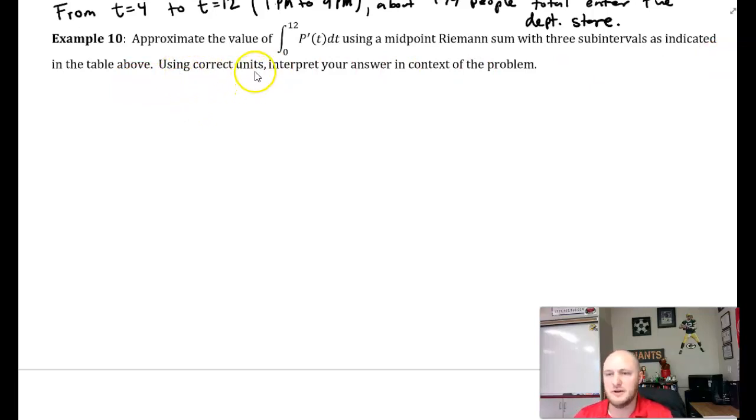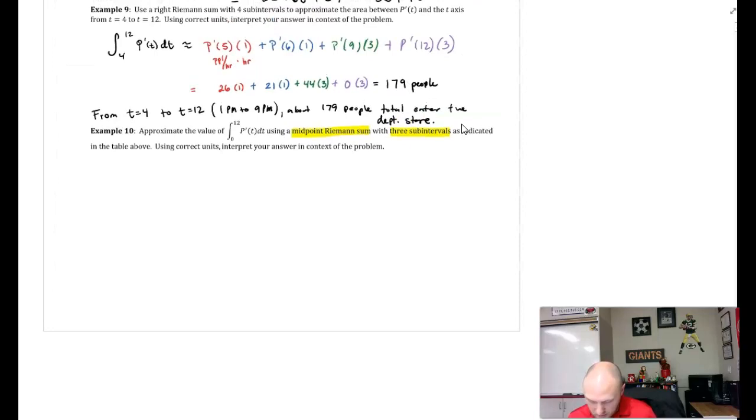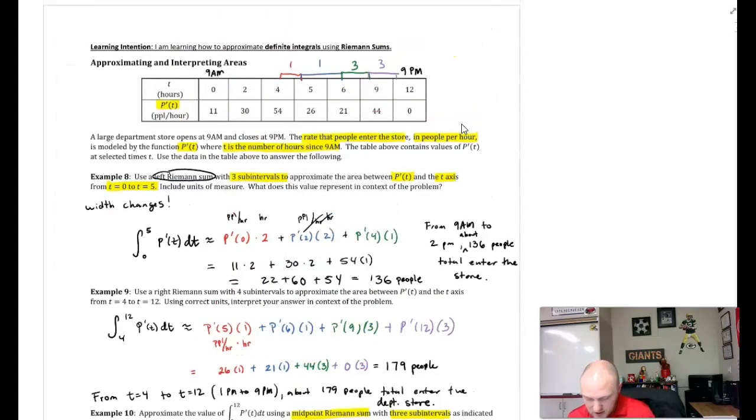Using the correct units, interpret your answers in the context of the problem. The first thing they throw at us is they want a midpoint Riemann sum. So we're going to have to take the midpoint, and then they say 3 subintervals from 0 to 12 as indicated in the table above.